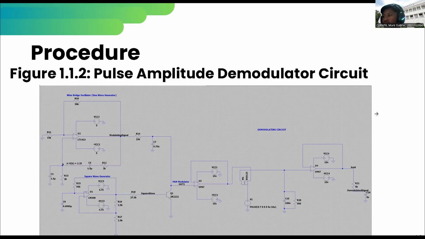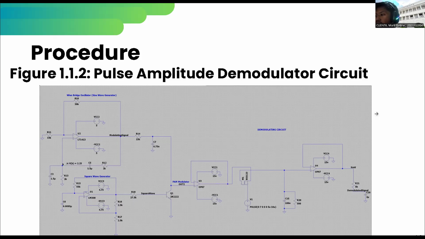The buffer stages and a sample and hold circuit or filter follow. Going through the circuit, the first MOSFET acts as a controlled switch driven by a 7 volt pulse signal that turns on for 5 microseconds, allowing the brief sample of the PAM waveform to pass through.